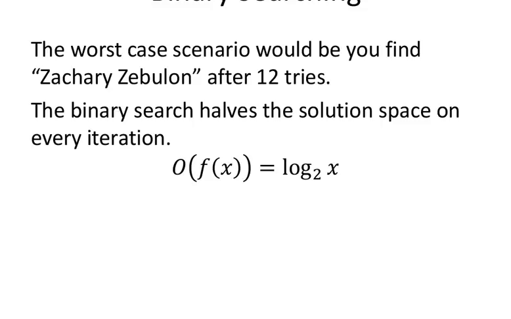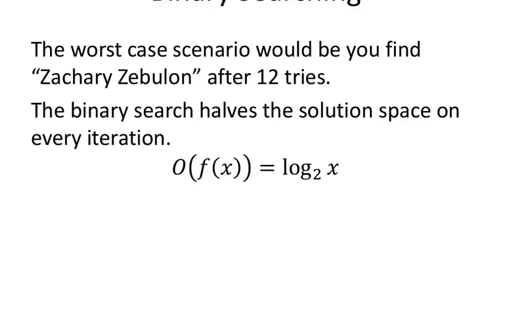But the binary search halves the solution space every iteration. Anytime you halve the space on each pass through, it's actually log base 2. And so the big O of this search method is log base 2 of x. Where x is 4,000, log base 2 is going to be very close to 12.